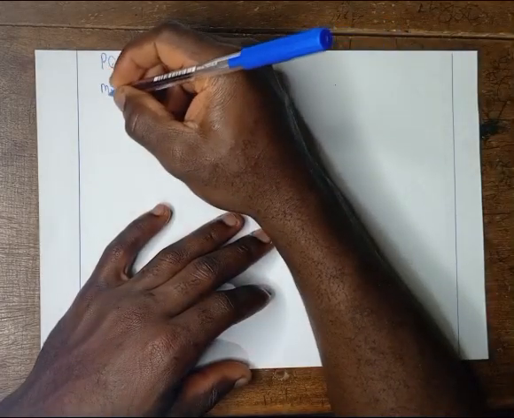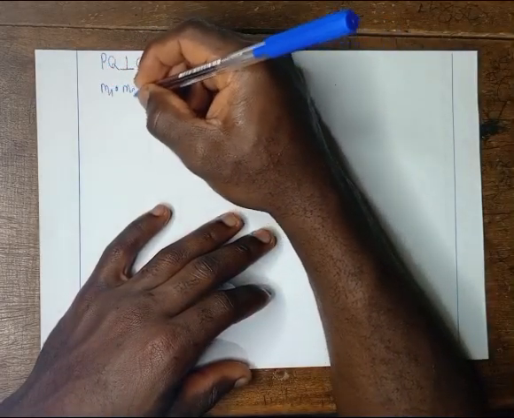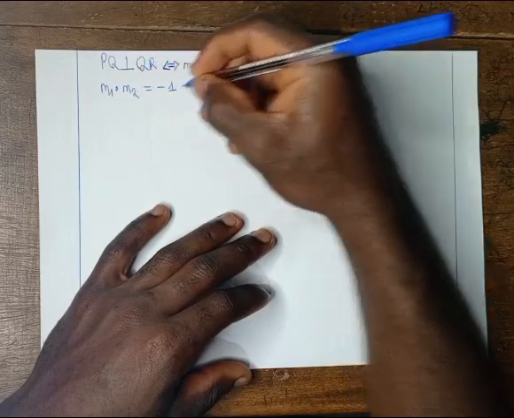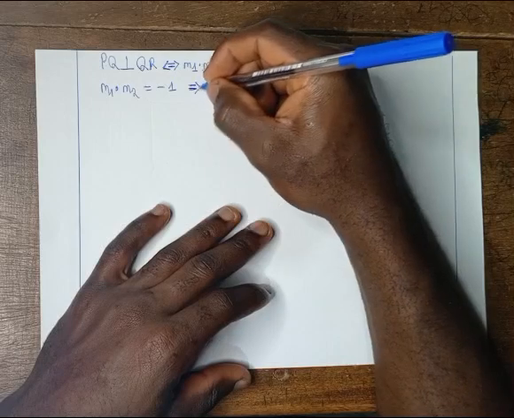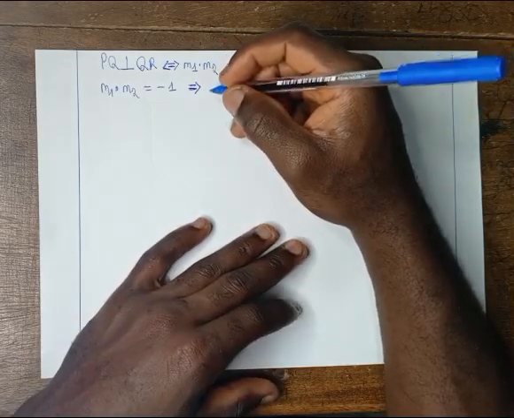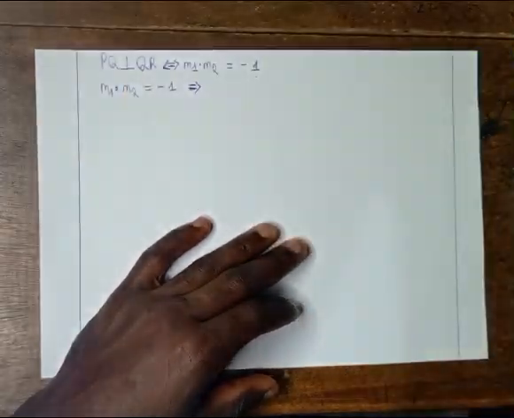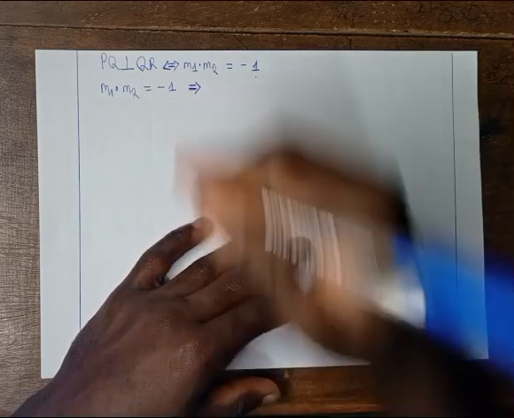Now if m1 times m2 is equal to -1, then m1 is the gradient of the line PQ, and m2 is the gradient of the line QR, which we are looking for.